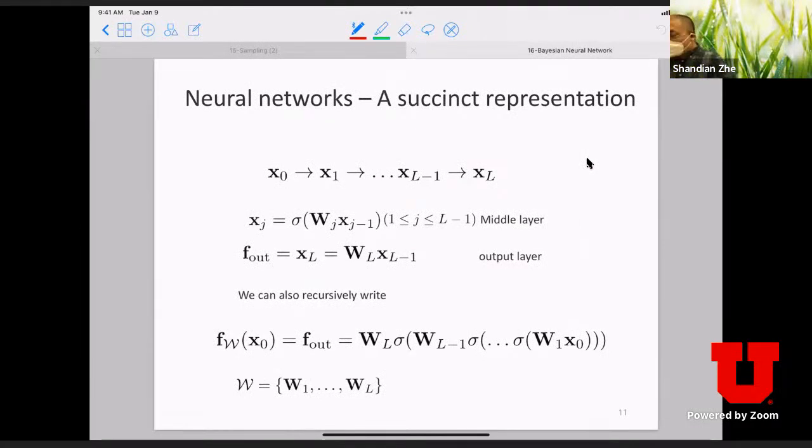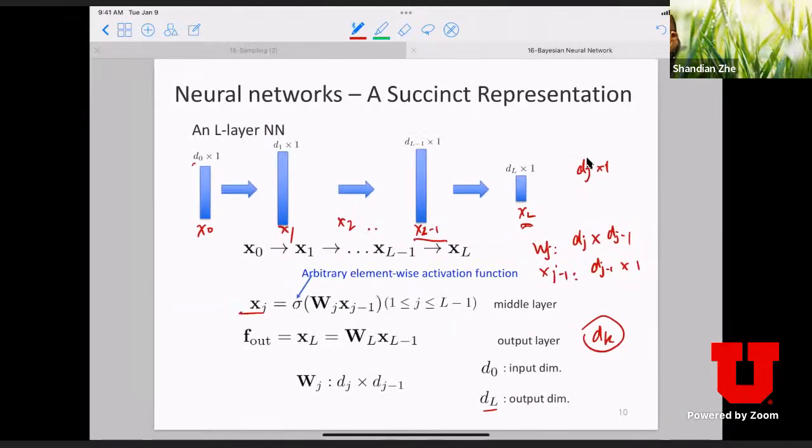And when we write down the output of the neural network, we index all the edge weights, W1 to WL. Remember, this is W1, W2, up to WL. Wj is just the edge weights connecting layer j minus 1 to j.